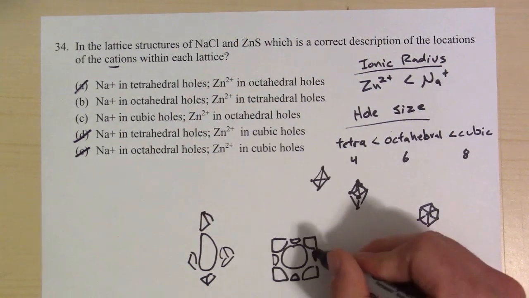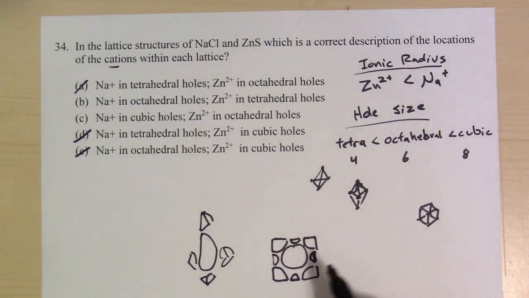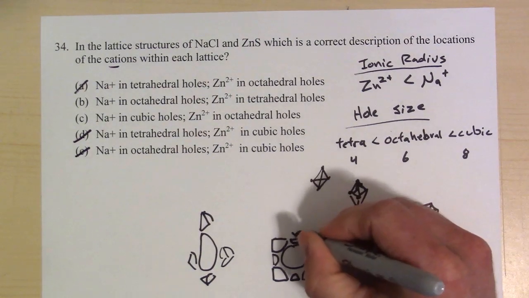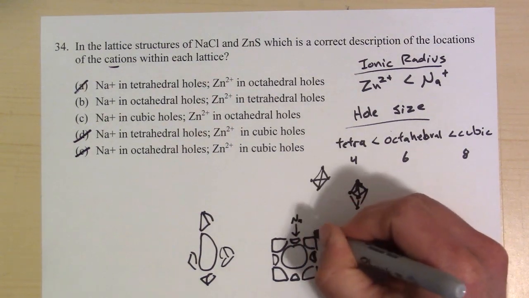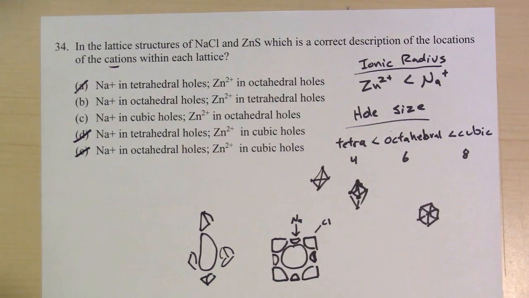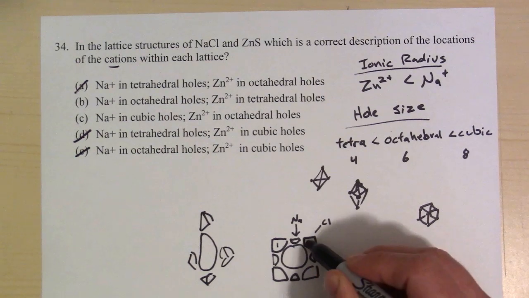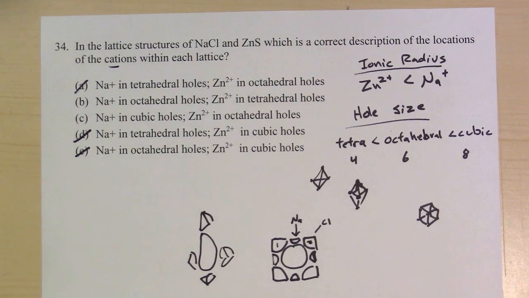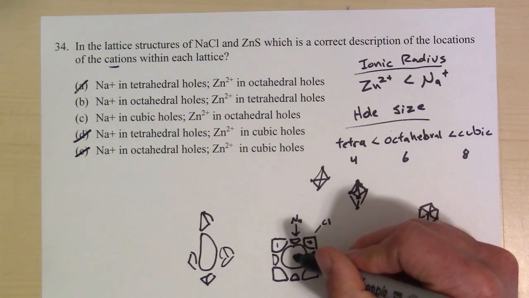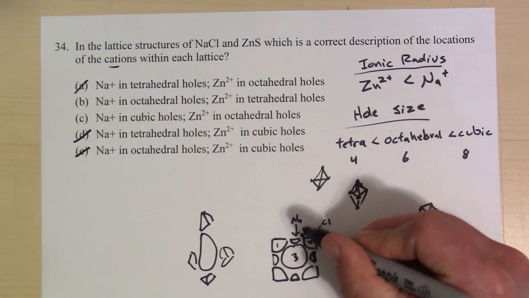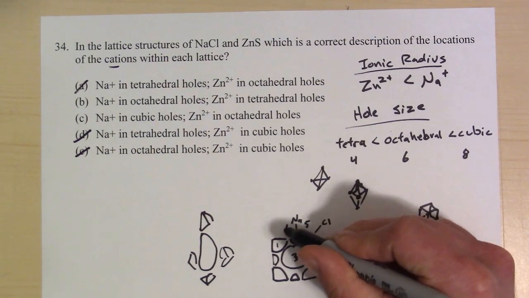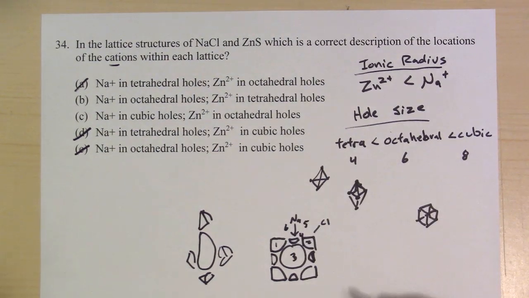So if we think about what the coordination number of these sodiums versus these chlorines is going to be, each sodium is going to have 1, 2 chlorines on the left and the right side. It'll have 1 on the bottom, 1 in the front, 1 on top, and then 1 behind it.